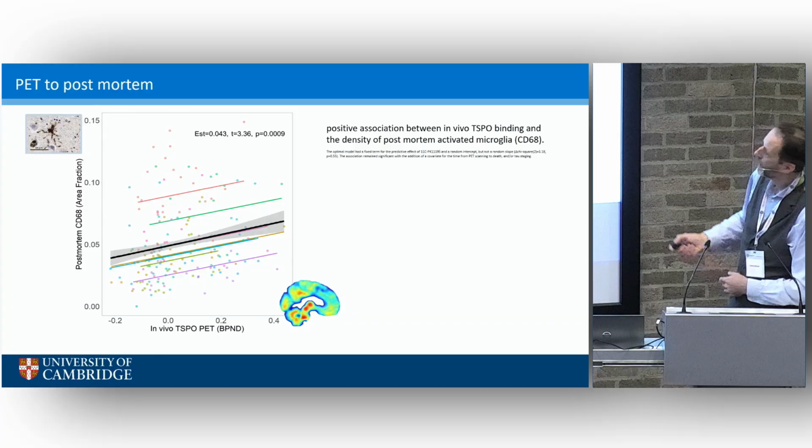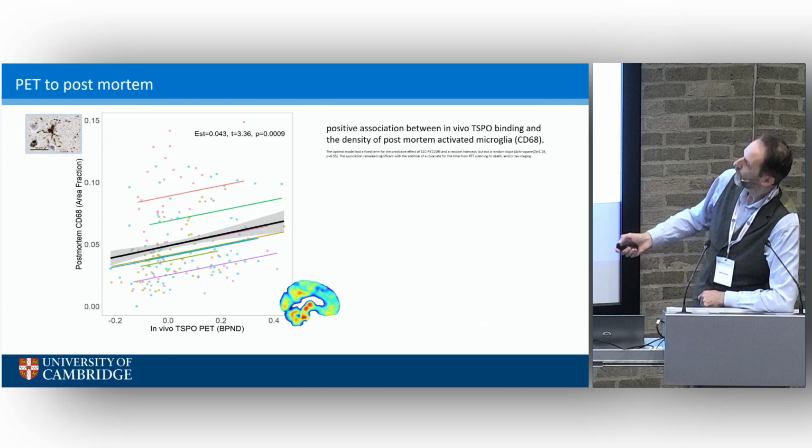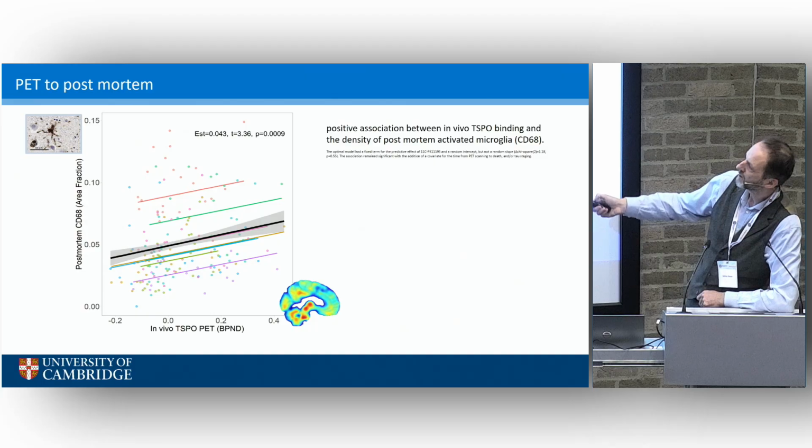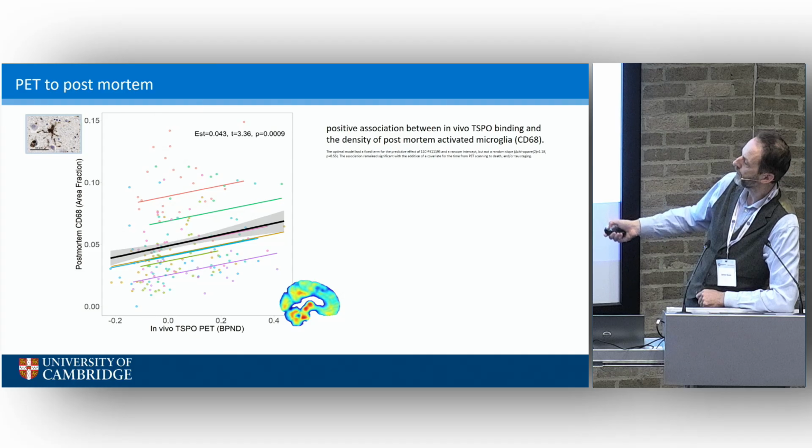Here we have post-mortem data where we look at the CD8 positivity in multiple brain regions in 8 patients who had been in our PET study in their lifetime. So we kept in contact. About half of the people in the PET study came into the brain bank, and each of these lines indicates an individual.